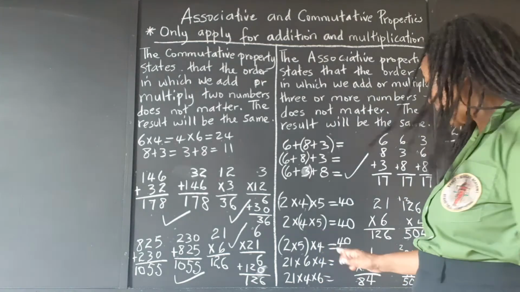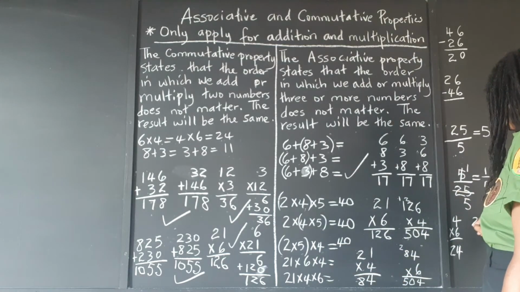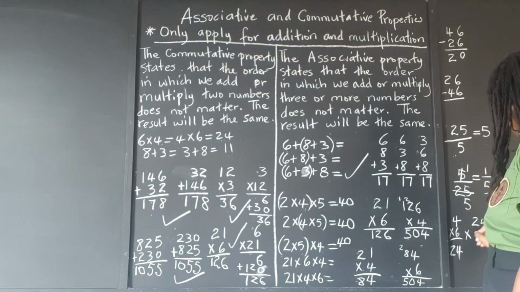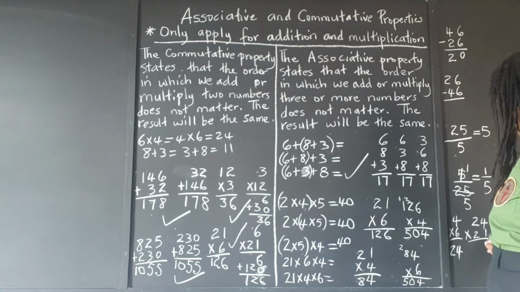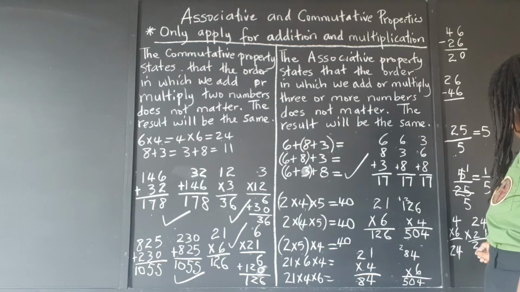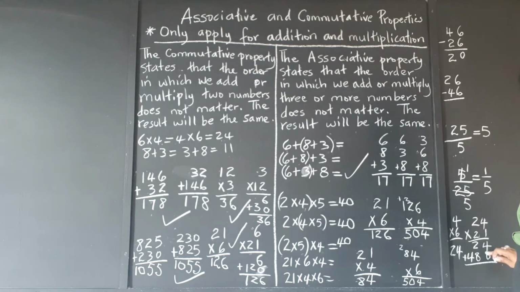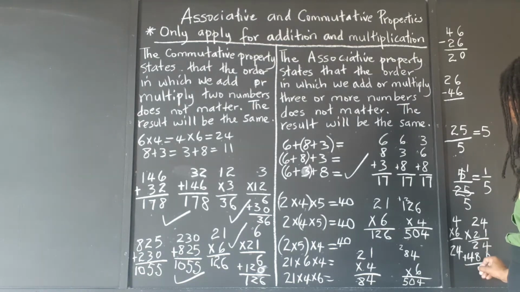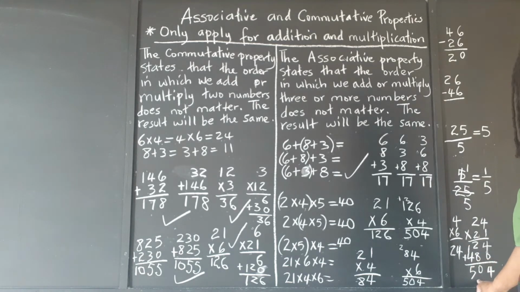So if we multiply that answer by 21, 1 times 4 is 4, 1 times 2 is 2, 2 times 4 is 8, 2 times 2 is 4, 4 and 0 is 4, that is 10. So we do still get 504.